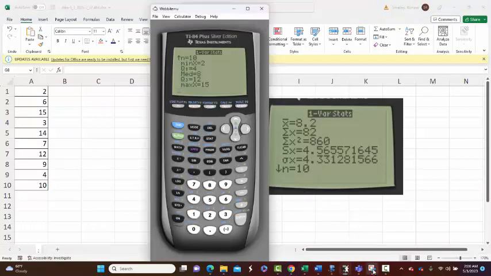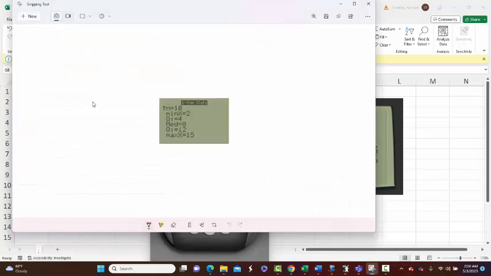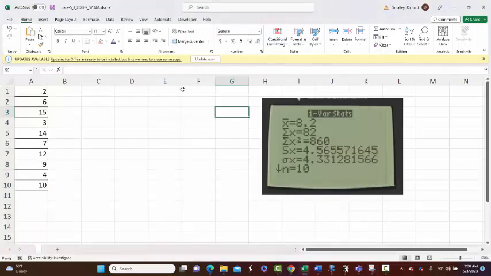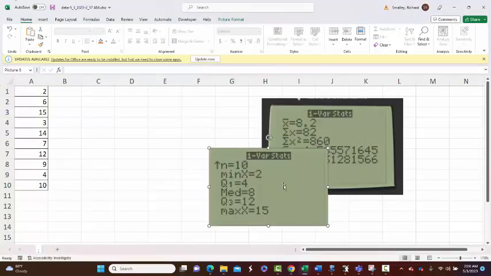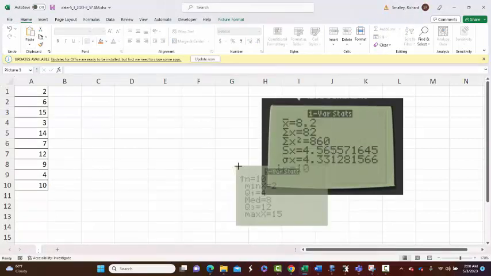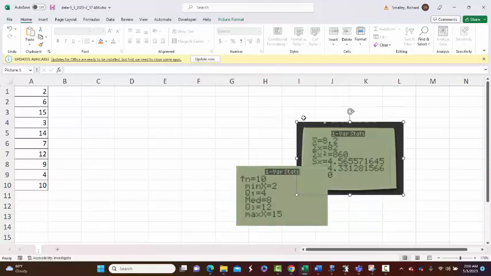Wonder why that didn't work. Edit. Okay, I don't know what happened. Let me shrink this down a little bit. We can always zoom back in later if we need to.